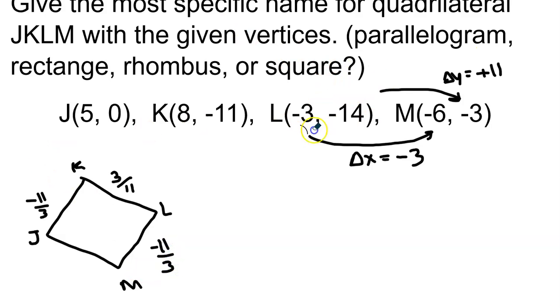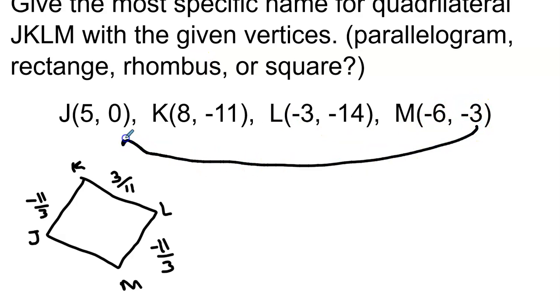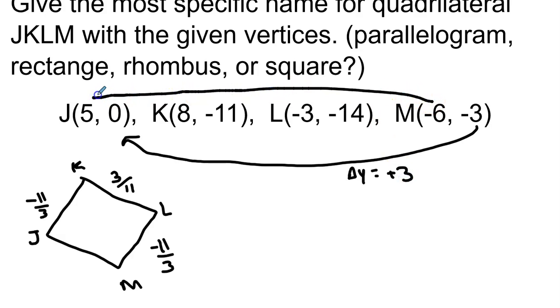And then one more that we have to do, and that's from M to J, or J to M, doesn't really matter. My change in Y is going to be plus 3, and my change in X is going to be plus 11. So my slope is 3/11.